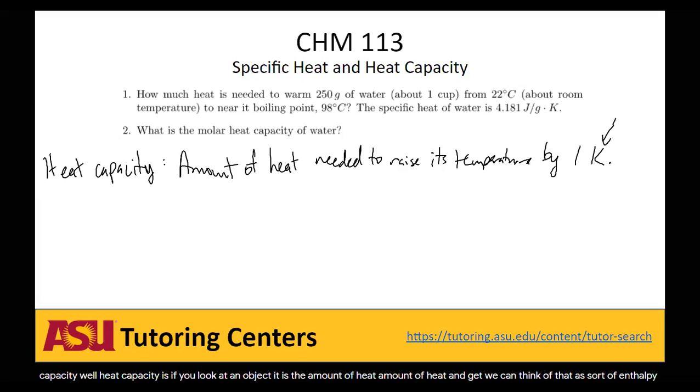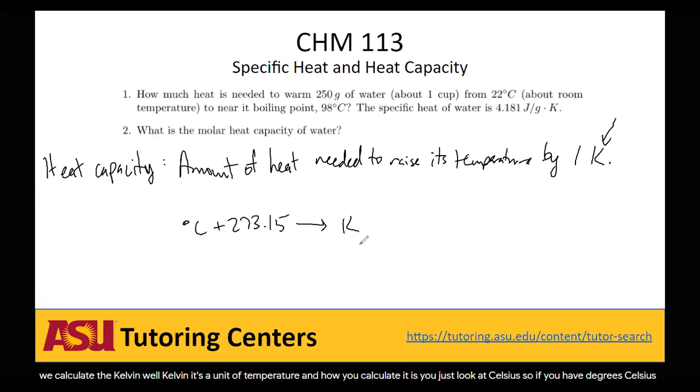What is a Kelvin? How exactly do we calculate a Kelvin? Well, Kelvin is a unit of temperature, and how you calculate it is you just look at Celsius. So if you have degrees Celsius, you take that, you add 273.15, a very specific number, and that's how you convert it into Kelvin.